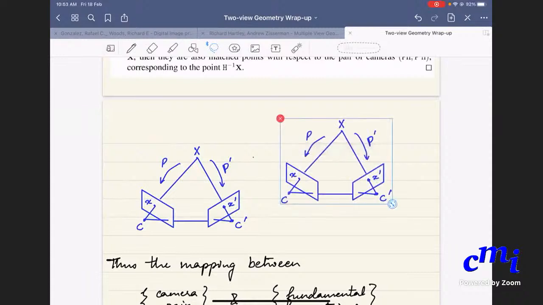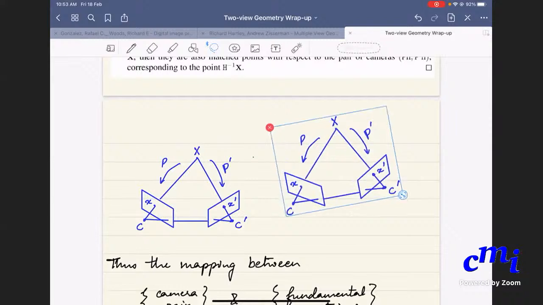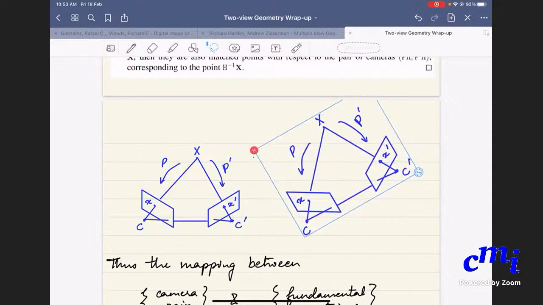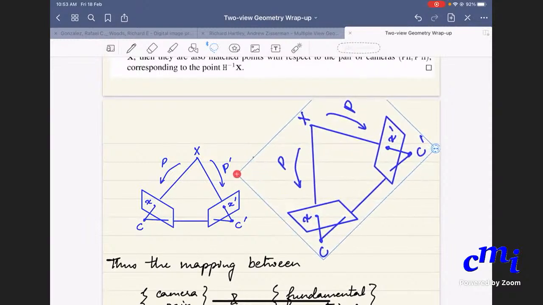I can use a projective transformation and move this configuration somewhere else in the 3D space. So this same configuration can be moved somewhere.